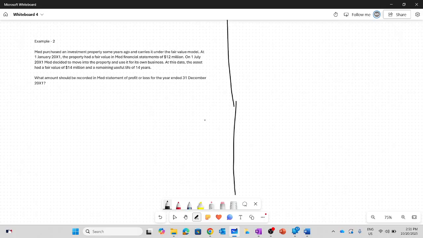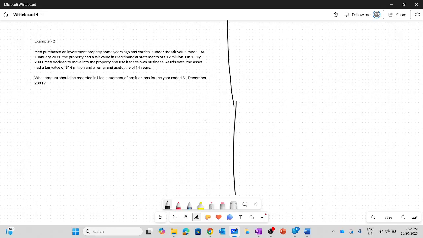Example two. Med purchased an investment property some years ago and carries it under the fair value model. At 1st January 2021, the property had a fair value in Med's financial statements of $12 million. On 1st July 2021, Med decided to move into the property and use it for its own business.